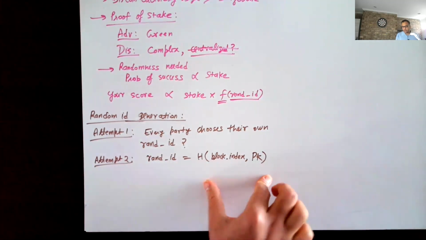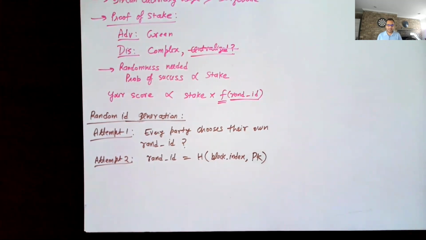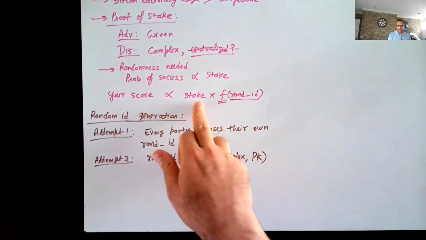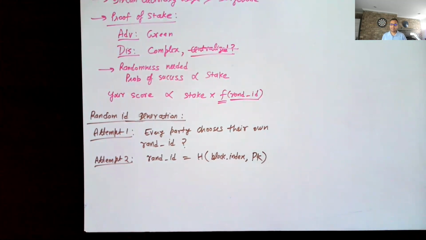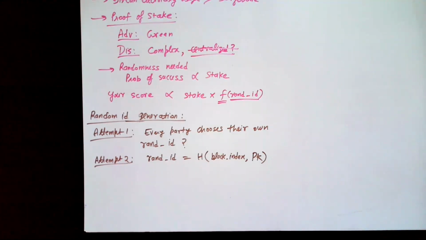But now the problem is if you pick a bunch of public keys, then probably most of them will have stake 0. If you distribute your stake across multiple different public keys, it's not necessarily the right strategy for you. What I'm trying to say is that if one public key has a very high hash, then they will be the one who keeps winning, and it is essentially like a centralized system.